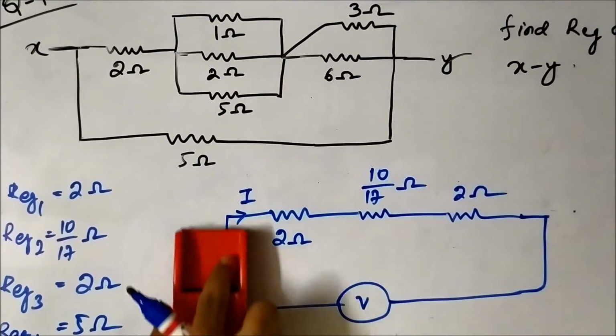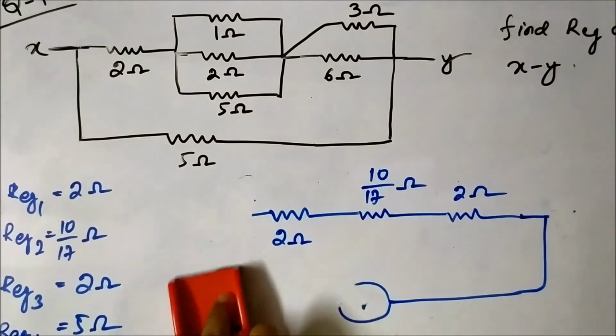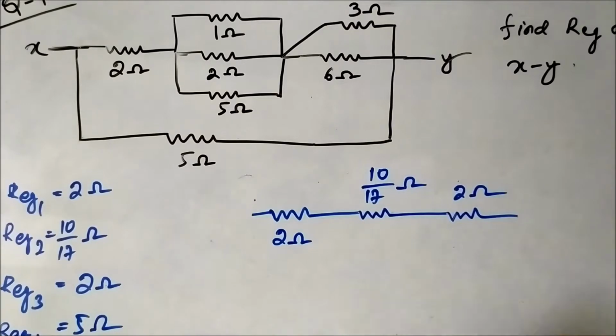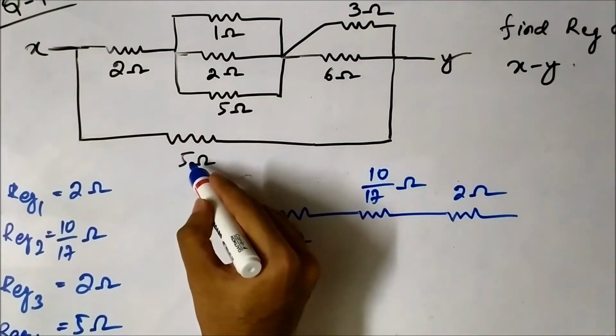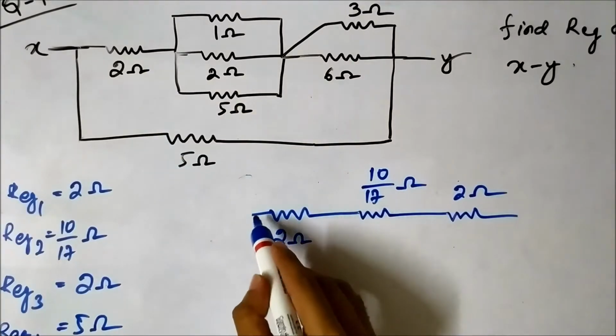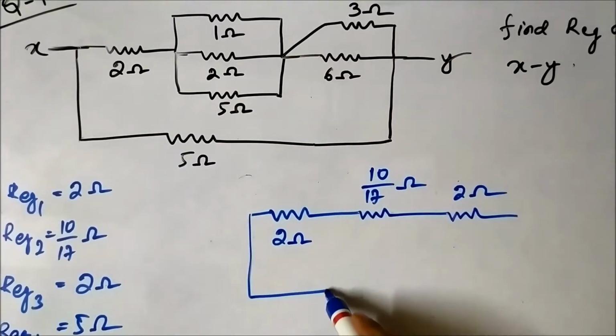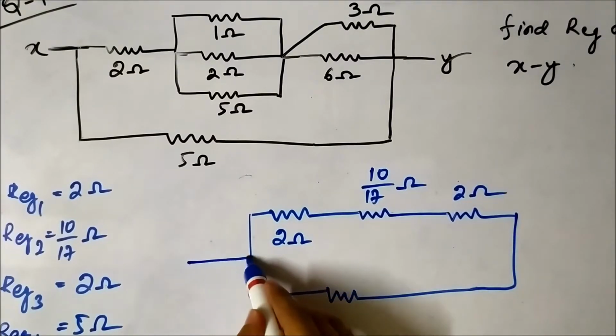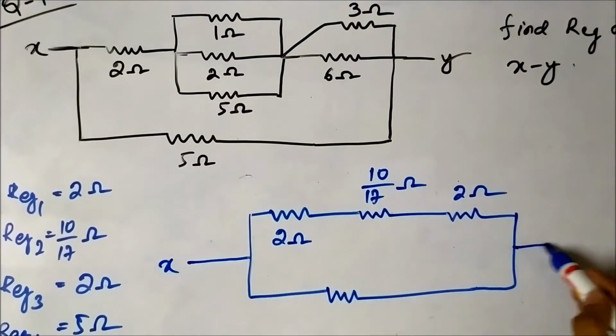Okay, now this 5 ohm resistor is in parallel across these 3 resistances.